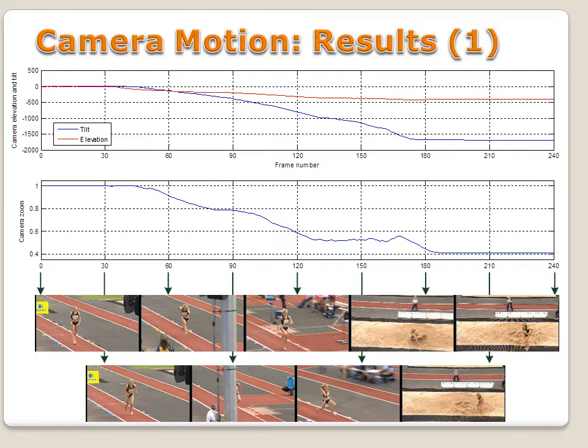When the athlete starts running down the aisle, then you see the tilt and the elevation change, and you also see that the zoom factor of the camera changes. It zooms out in order to keep the athlete body at approximately the same size. When the athlete lands on the sand, then the camera stops moving and you can understand that the attempt has finished.